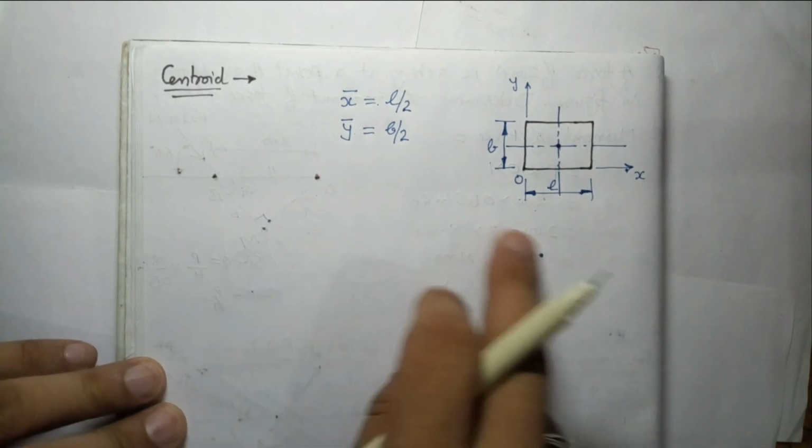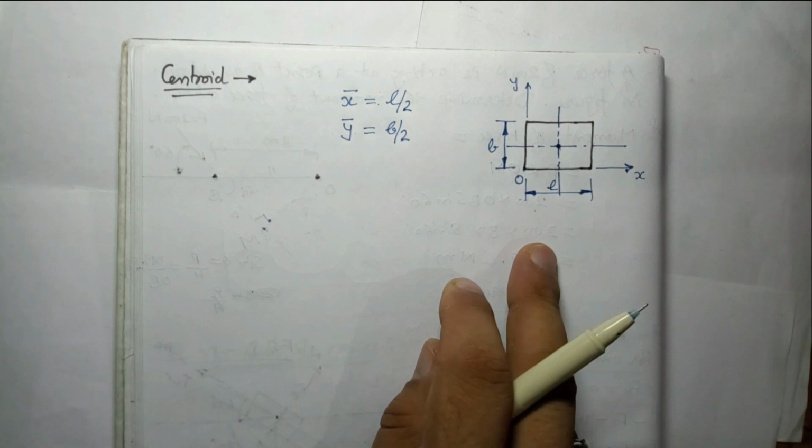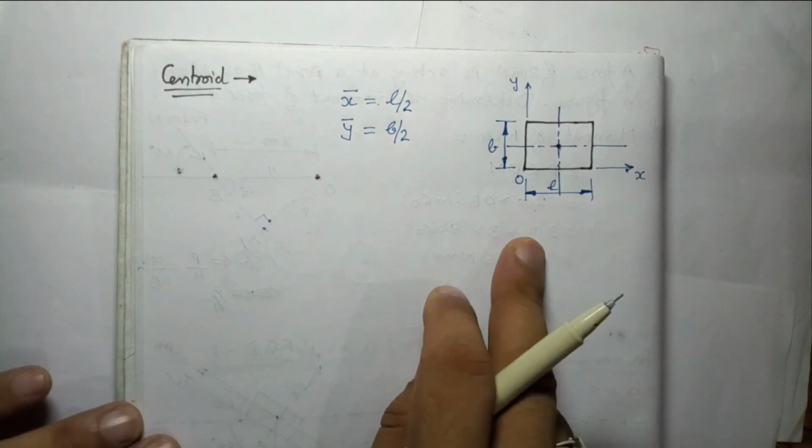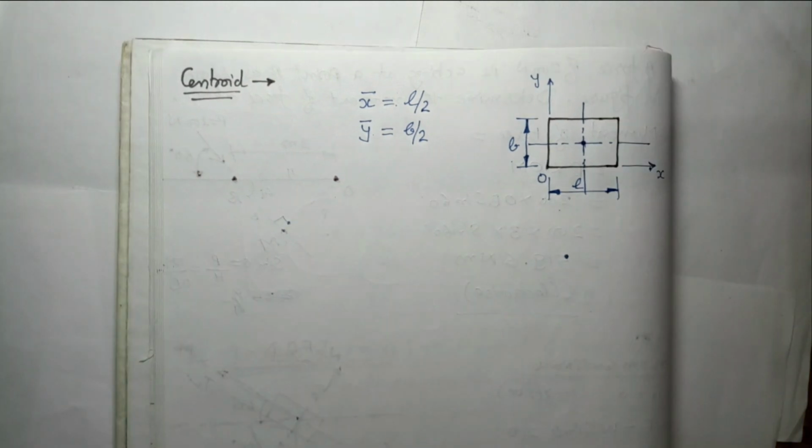Now it is very easy to find the centroid of these objects when they are symmetrical, but what will happen if the object is not symmetrical? We will see. We will take one case.